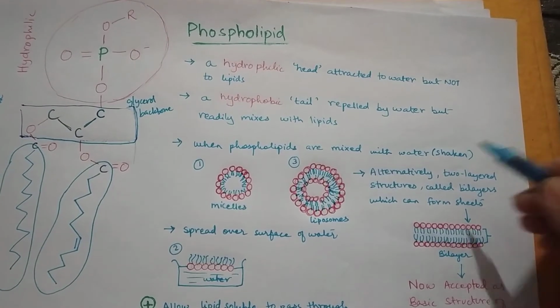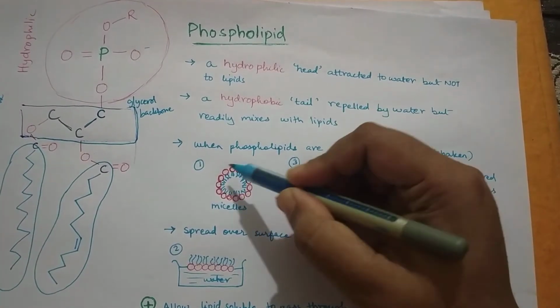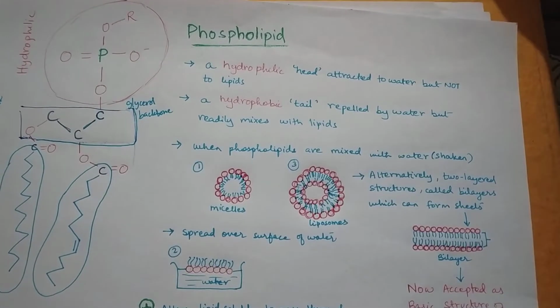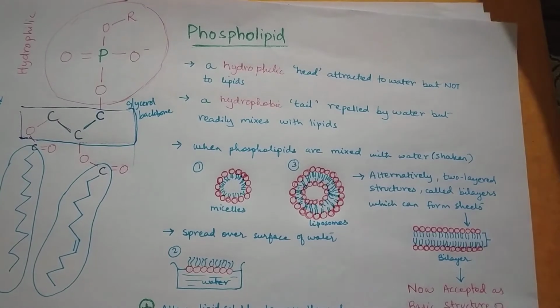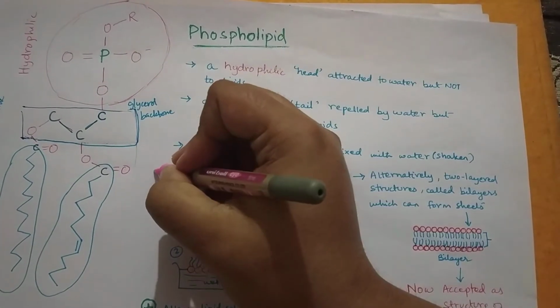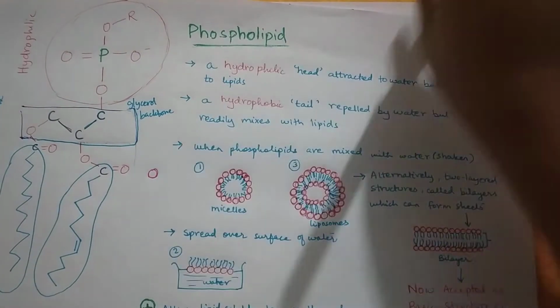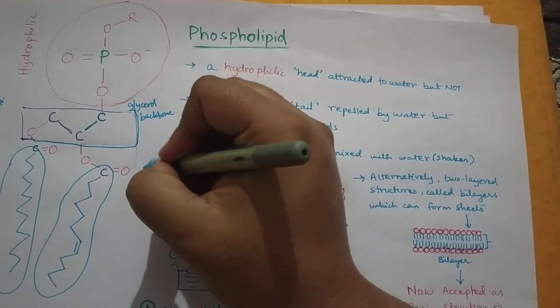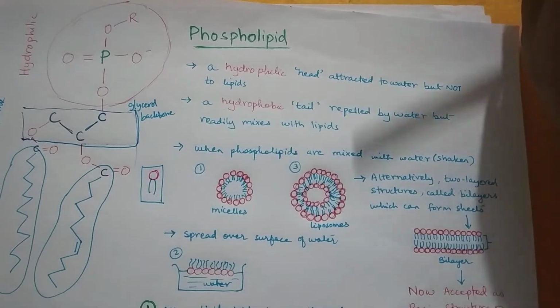The first thing that it will readily form is a structure like this. So we represent the phospholipid like this basically, where there is a head and two hydrophobic tails. This is how we diagrammatically represent the phospholipid.